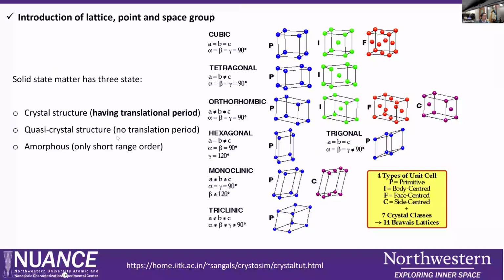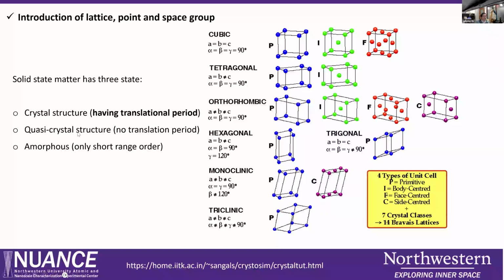Another one is the quasicrystal structure, which has no translational period. And another one is amorphous, which only has short-range ordering. Today we only focus on the crystal. I do not talk about the space group for quasicrystals.